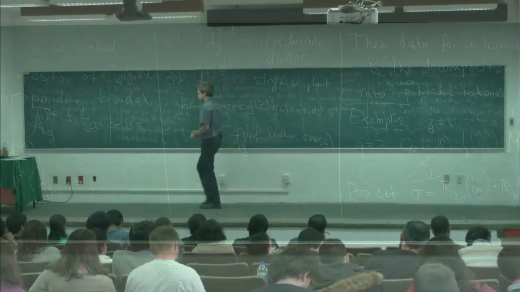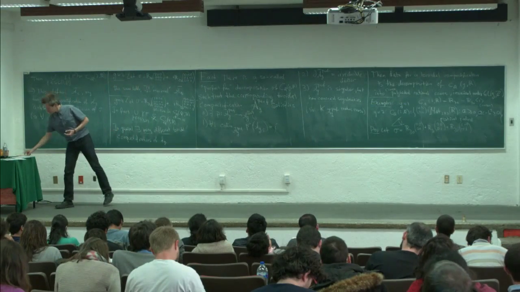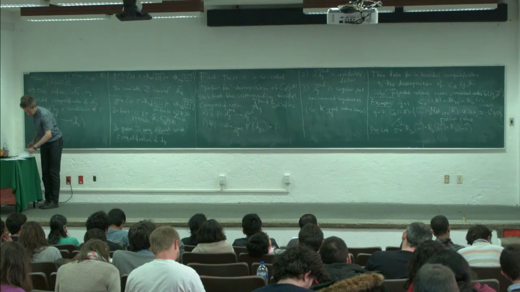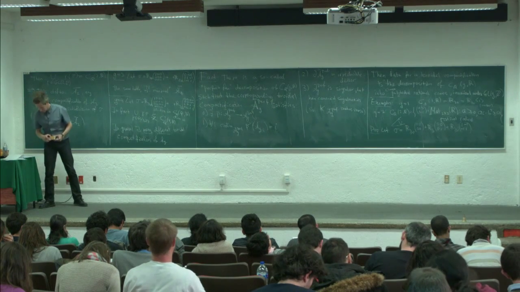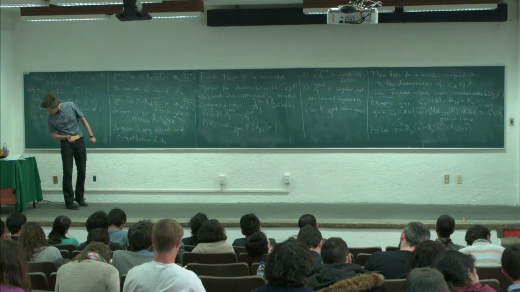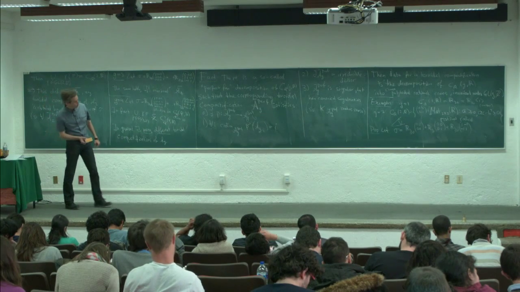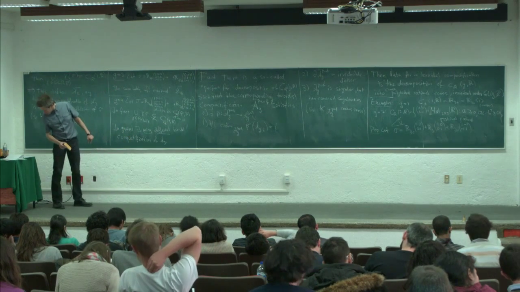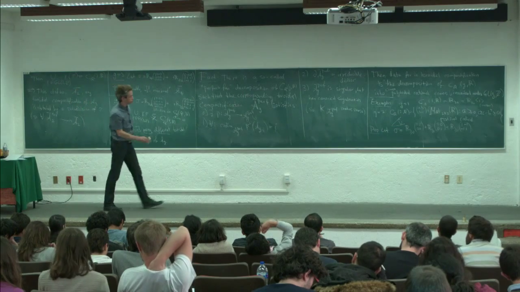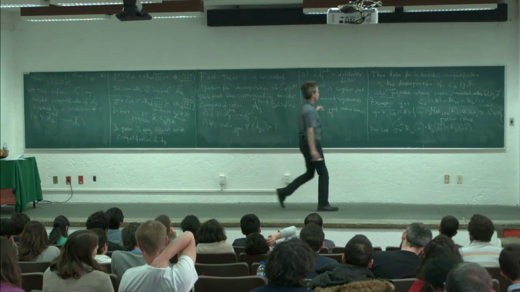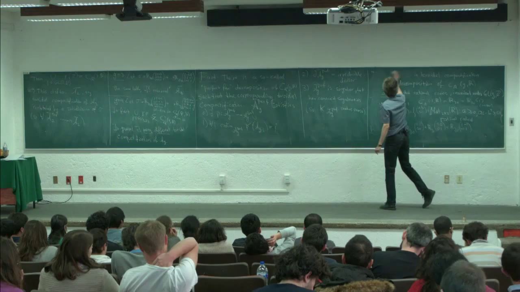Okay. So these were somehow properties of the perfect cone toroidal compactification.